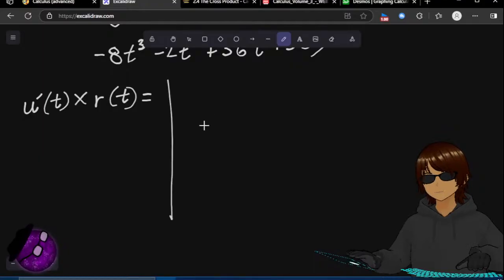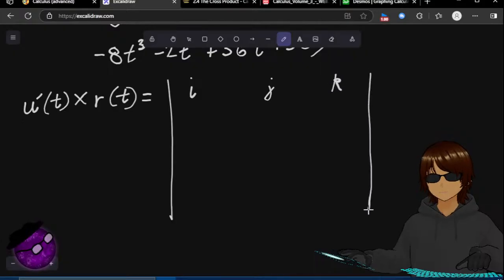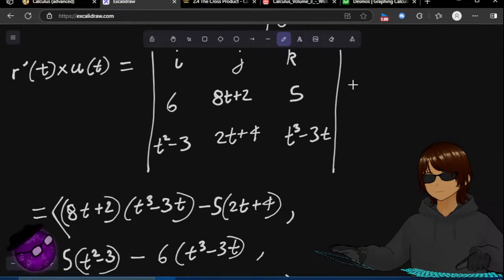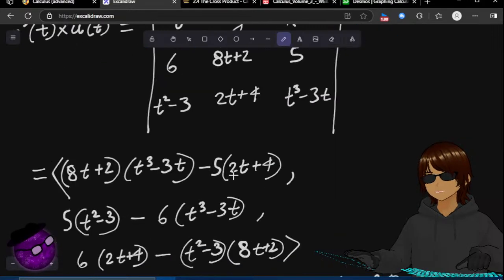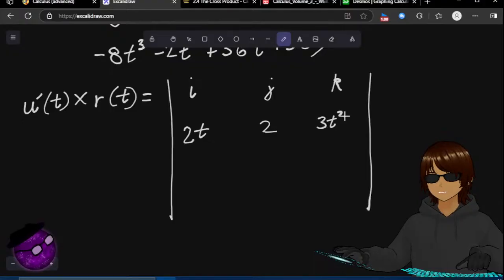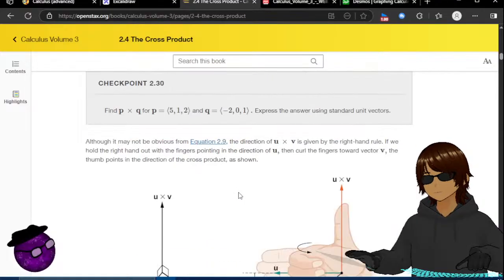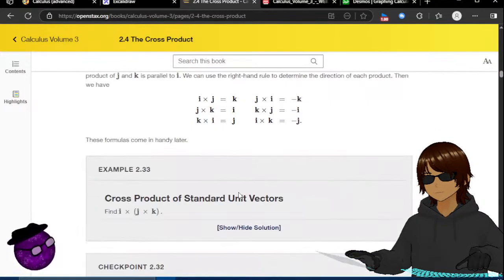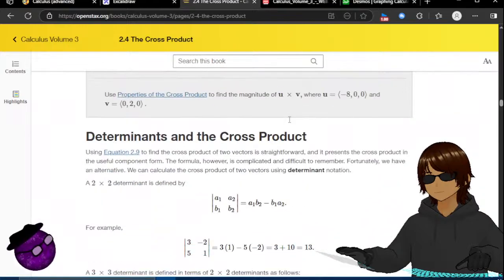And that is ijk, 2t, 3t square minus 3, 2t, 3t square minus 3. And r is, hold on, what is R?